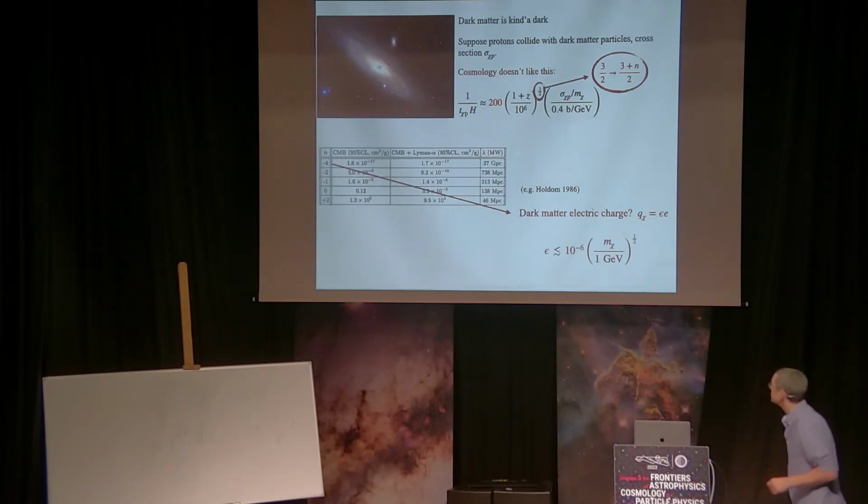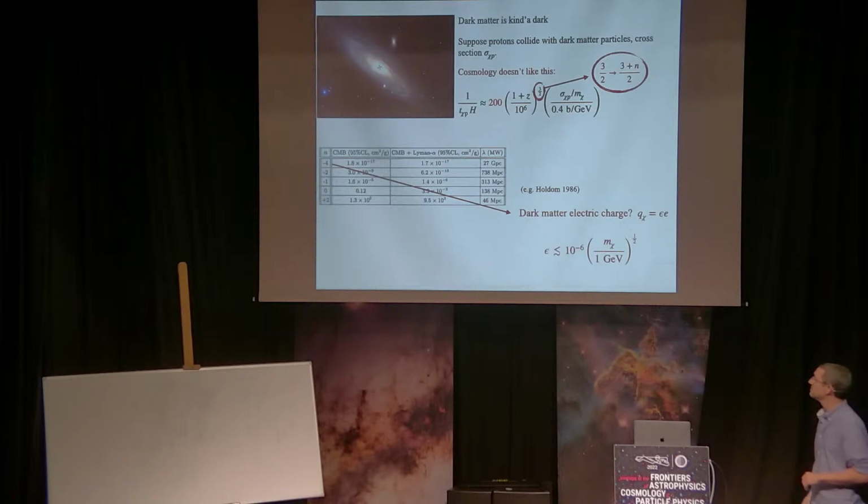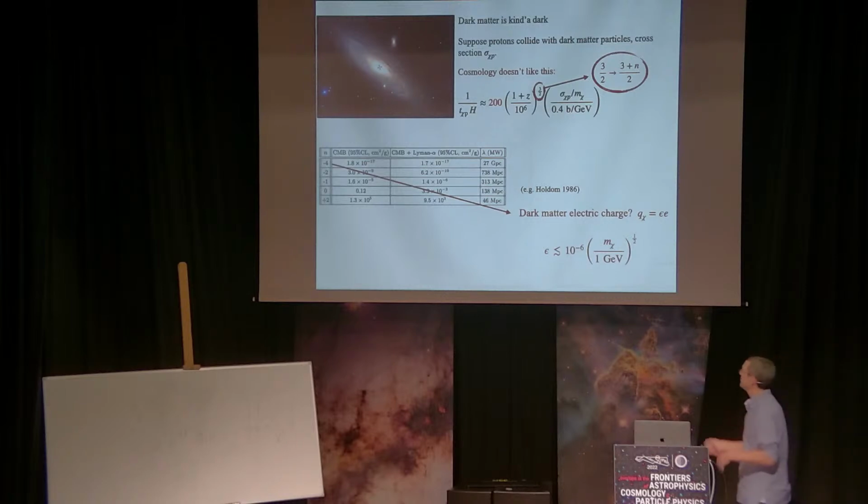As an aside, for a comment on particle physics, there are many interesting constraints. For example, this calculation shows, and there are many refinements to this in later years, you can find some references in previous slides. It shows, for example, that if dark matter particles do have an electric charge, it has to be very small.